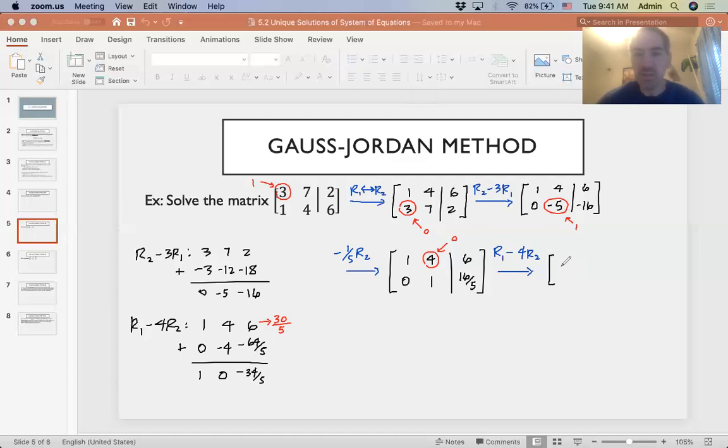So we replace the top row by 1, 0, negative 34 fifths. The second row is still 0, 1, 16 fifths. All right, this is row reduced echelon form, all ones and zeros. So my solution: x is equal to negative 34 fifths, y is equal to 16 fifths.